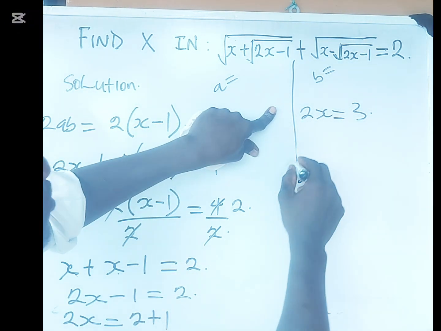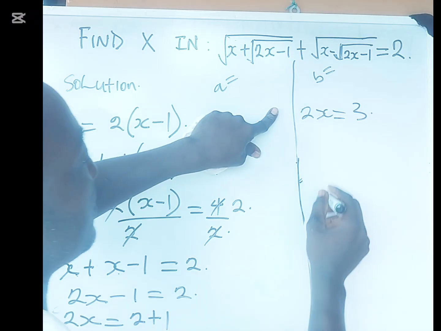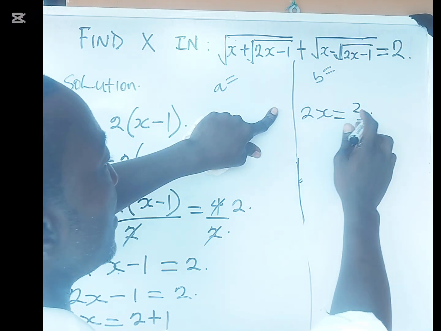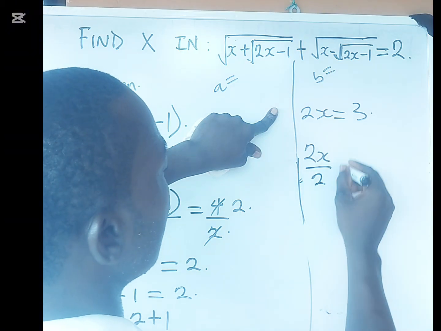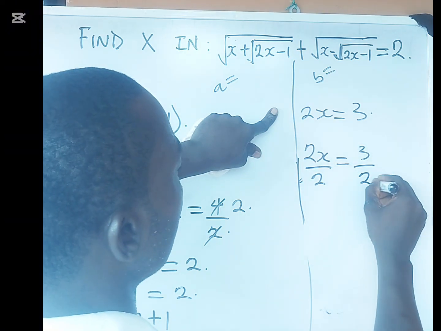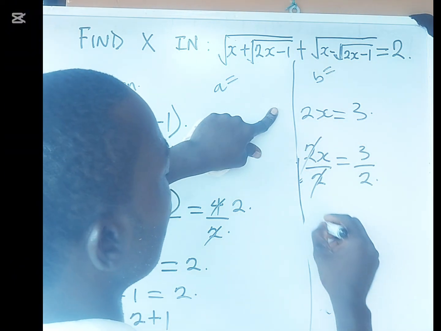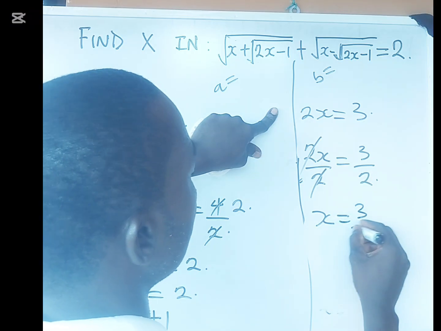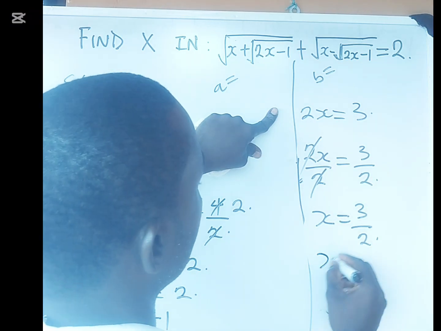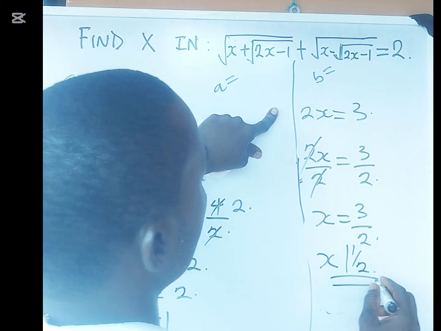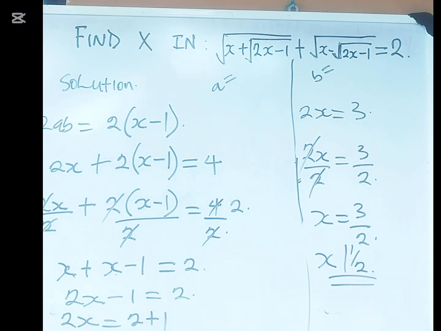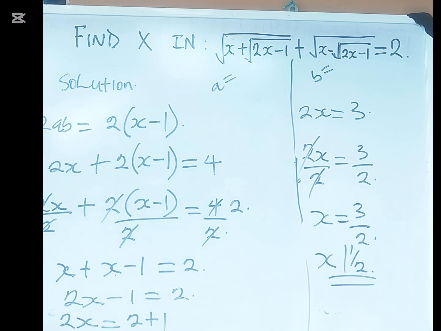So to get the value of x at this point is to divide both sides of this equation by 2. This equation becomes 2x divided by 2 is equal to 3 divided by 2. This cancels out. So x is equal to 3 all over 2, or you can write x as one whole number, 1 over 2. This is the value of x in this problem.